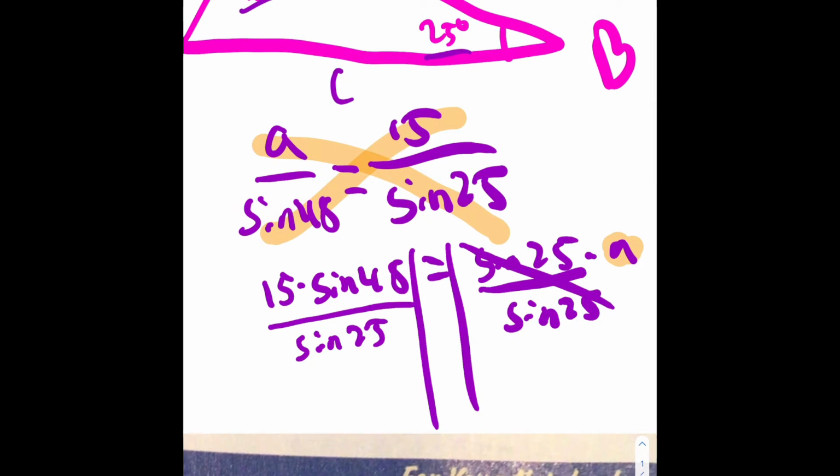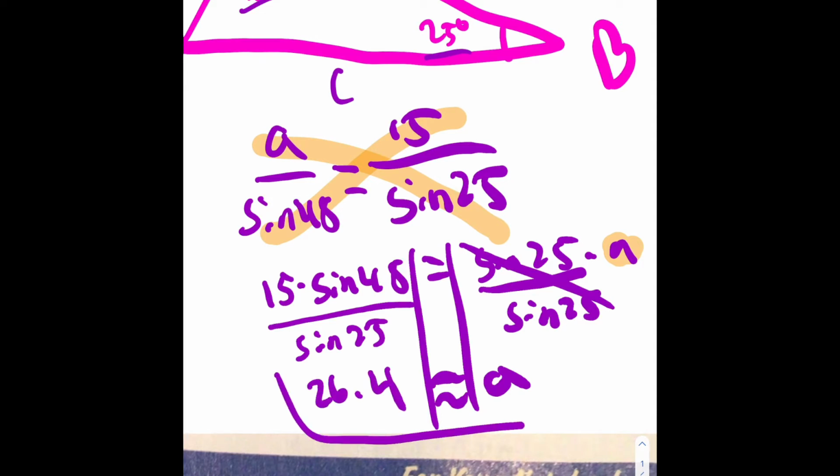So if I plug into my calculator 15 times sine of 48, and then divide that by sine of 25, I should get A is approximately, because you have to round it, 26.4.